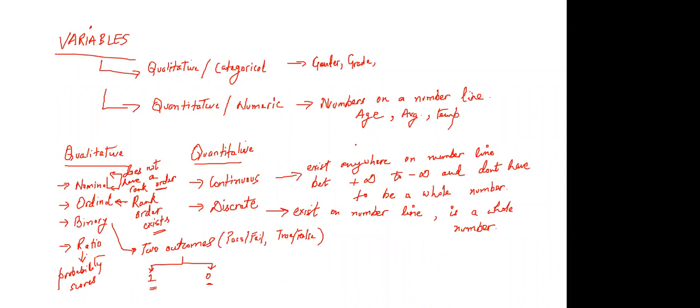Okay, so now let's first talk about variables, right? So there are primarily two types of variables that you will encounter in any problem. Qualitative, also sometimes called categorical.